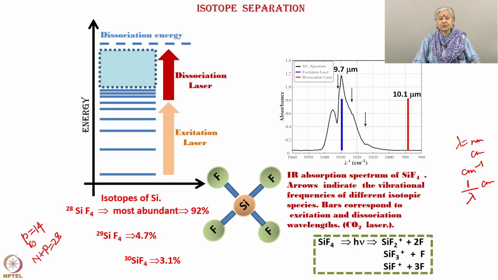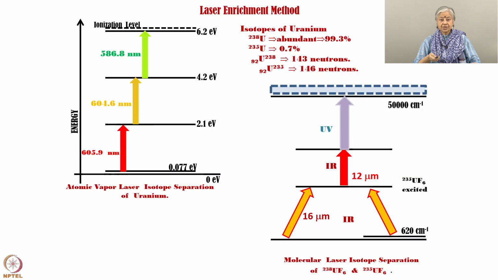Multiphoton dissociation of carbon isotopes has also been done in many experiments, but the main push came because people wanted to separate out the isotopes of uranium. Quite often it is called the laser enrichment method. Why is it called the laser enrichment method?